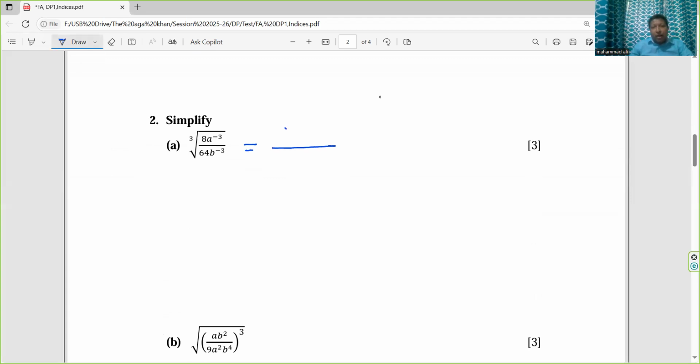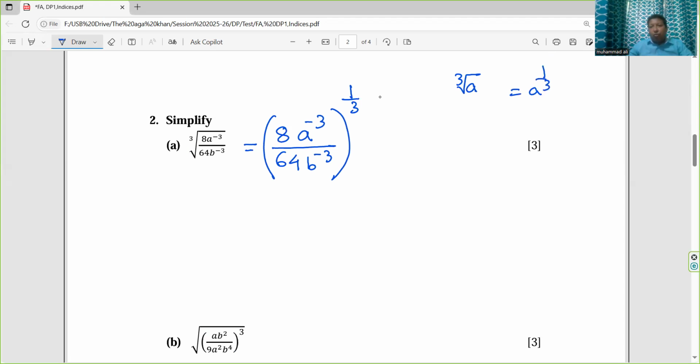So we can write here 8 a to the power minus 3 by 64 b to the power minus 3 and power 1 by 3, because cube root of a is a to the power 1 by 3.